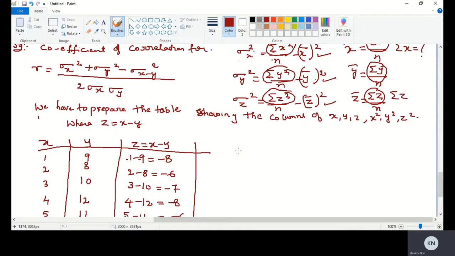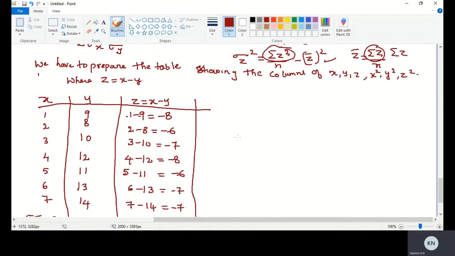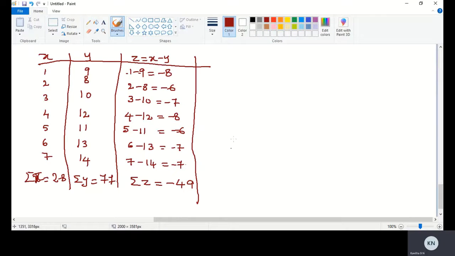Okay, here we need to find summation of x square. Write down here x square. 1 square is 1. 2 square is 4. And 3 square is 9. 4 square is 16. 5 square is 25. 6 square is 36.